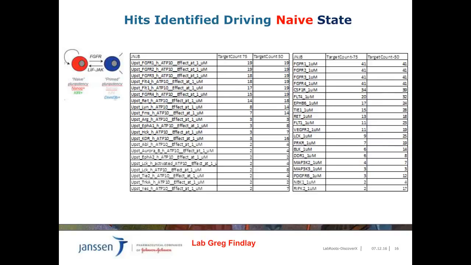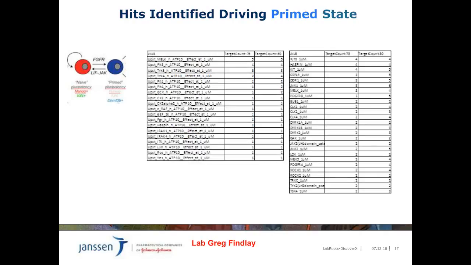According to the analysis, hits driving the naive state, red states, are FGFR, FLT4, and FLT1 or RET inhibitors. Hits driving the primed blue state are inhibitors of MELK or FLT3. These kinases are now recommended for further experiments using, for instance, CRISPR-Cas9 validation experiments.